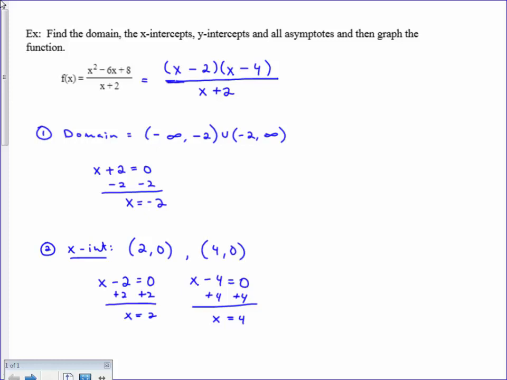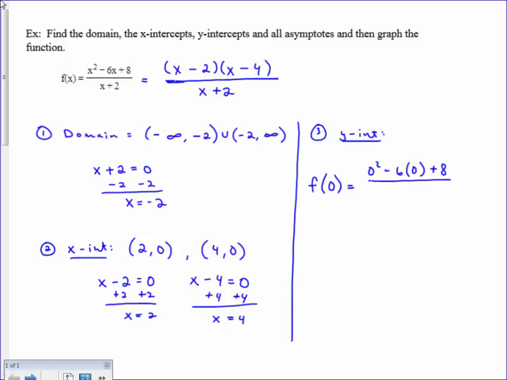Going on, I'd like to now find the y-intercept. The y-intercept is found by evaluating your function at 0. So I would do f of 0 equals 0 squared minus 6 times 0 plus 8 over 0 plus 2.